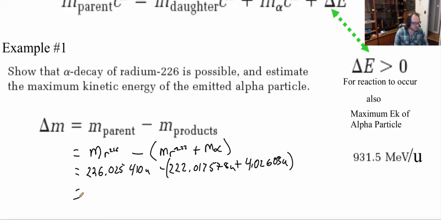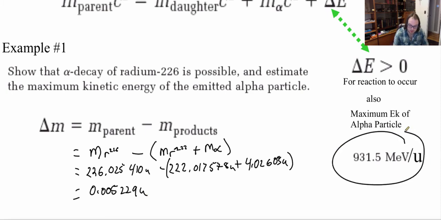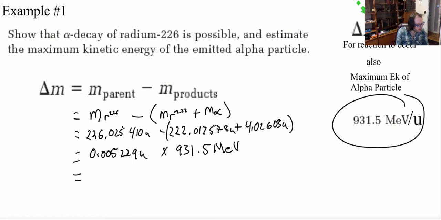Once I calculate this, I get 0.005229 atomic mass units. Now I just multiply by 931, and my units nicely cancel off, and I get my mega electron volts for the amount of energy given off to the alpha particle. That's going to give me a total of 4.871 mega electron volts.